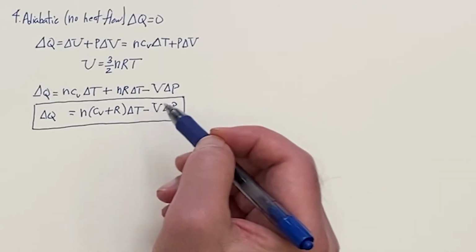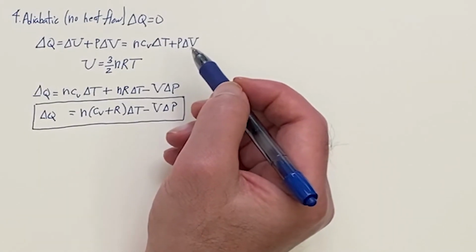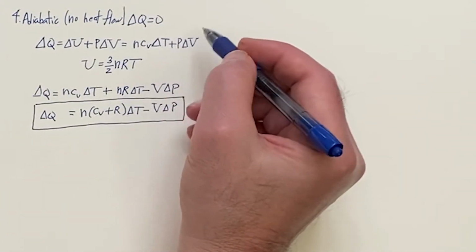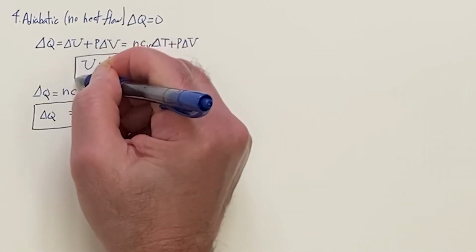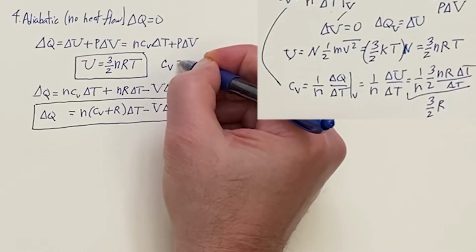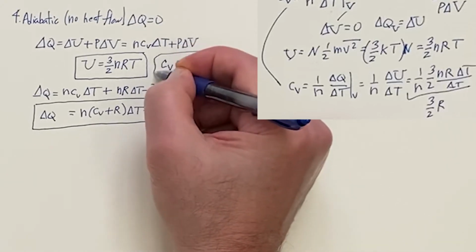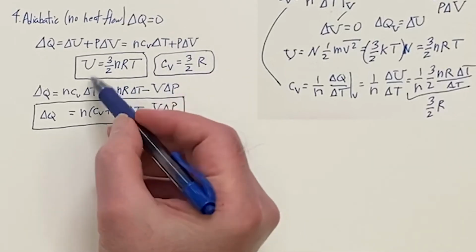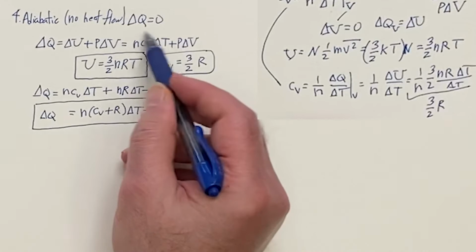And also take time to make sure that you find this in your notes and this one, CV is 3 halves R. Because when you put the delta U in with these two equations, you get this.